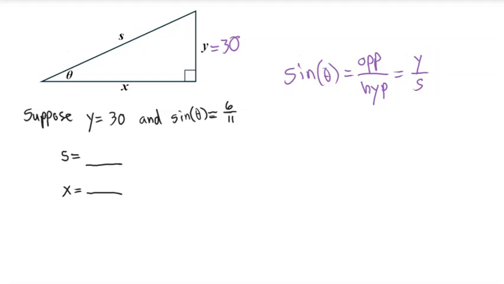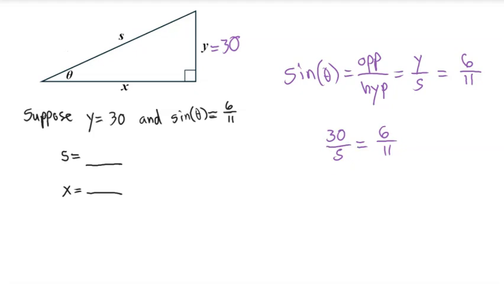Then we put what sine is equal to, which is 6 over 11. Then we replace the information we know: y is equal to 30. So we have 30 over s is equal to 6 over 11, and now we have enough information to solve for s.